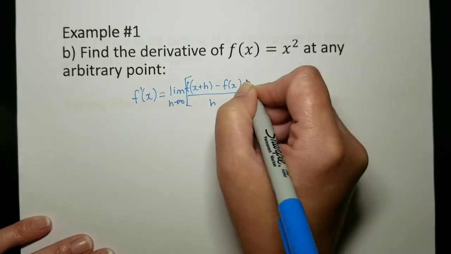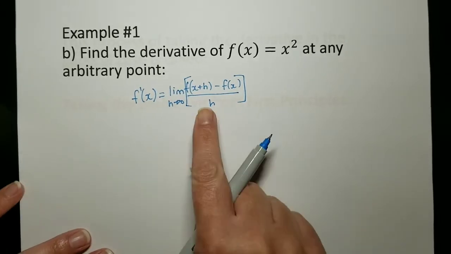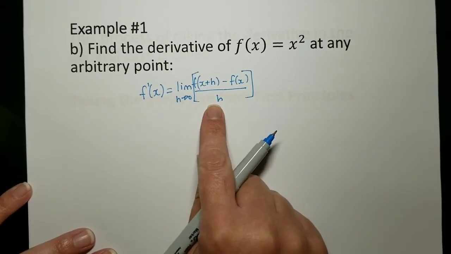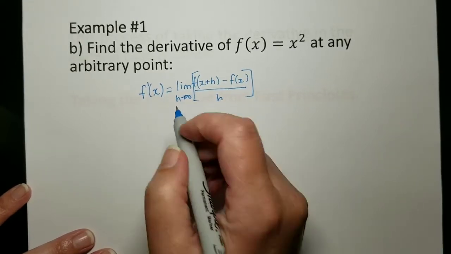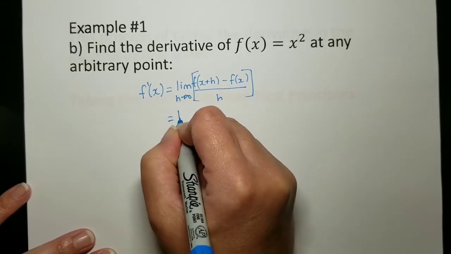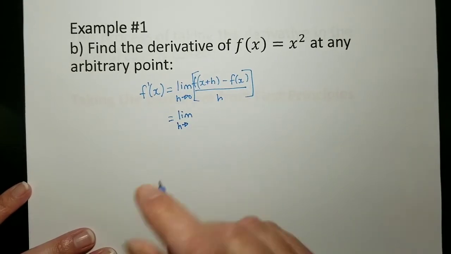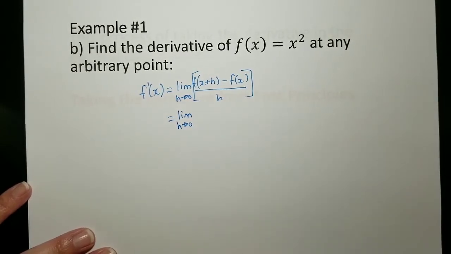So this is the limit of the difference quotient. And I'm not going to use x equals 2 or x equals 3. I'm just going to leave it as an x. It's a little bit longer to do this once, but then we'll be able to use it and have a general form with any value.